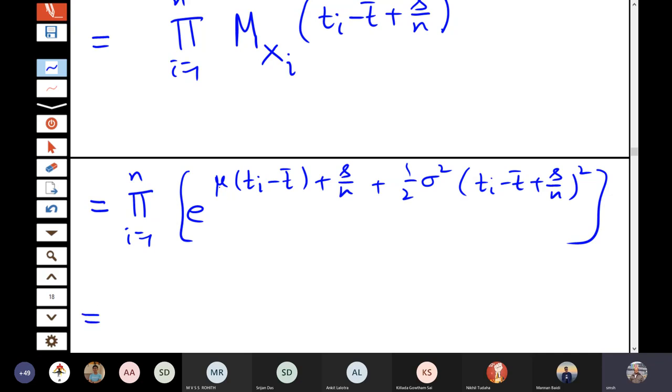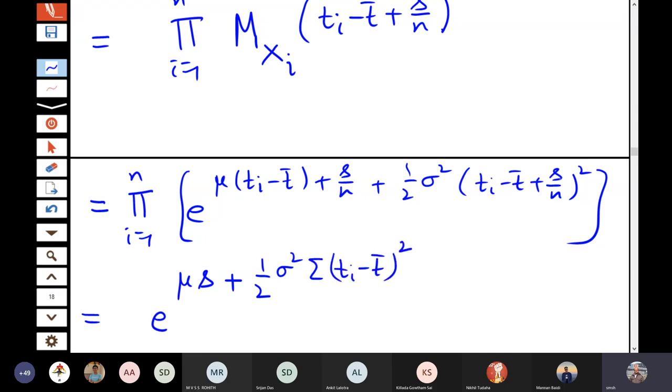So this product will go as a summation in the exponent. You will get e to the power mu sigma (ti minus t bar), that will cancel out, and then s, so it will become e to the power mu s. Let us look at the second one, half sigma square (ti minus t bar) square, so it will become half sigma square sigma (ti minus t bar) square.